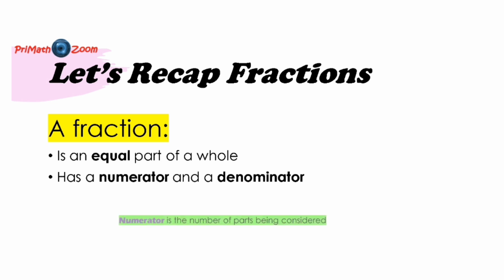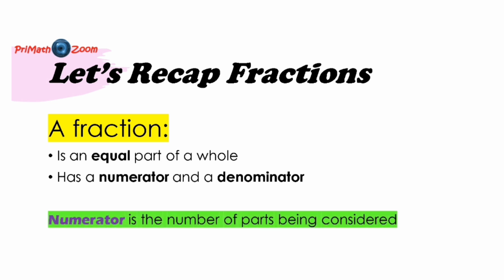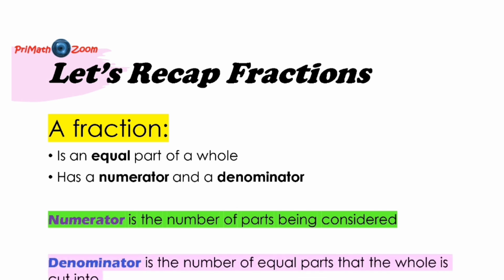The numerator is the number of parts being considered, while the denominator is the number of equal parts that the whole is cut into. Like this. This 3 will be the numerator, the 4 is the denominator, both separated by a fraction bar.